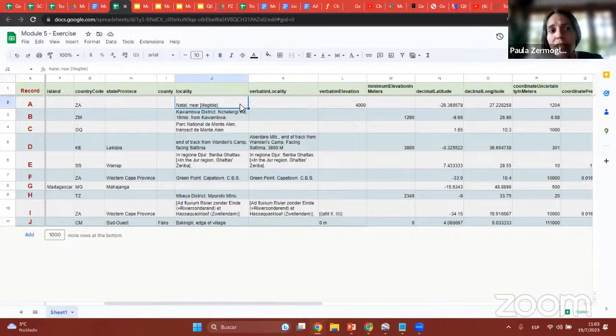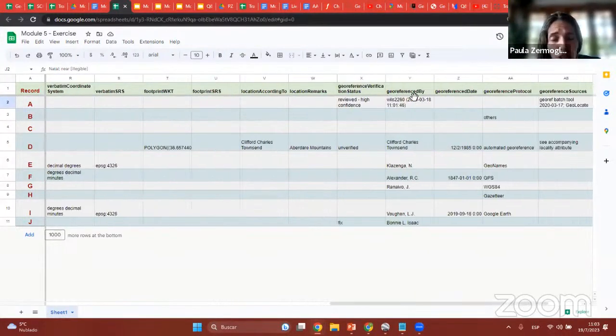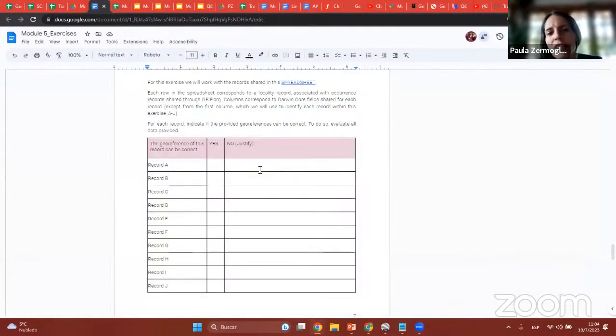So you have to evaluate those factors and see if each of these records is correctly georeferenced or not. And if it's not, why? So you have to fill in here. For example, in that example, I would say impossible because the locality is Ghana and the uncertainty provided is 1,000 meters. So the uncertainty is too small to represent that location. That would be one way of justifying it.